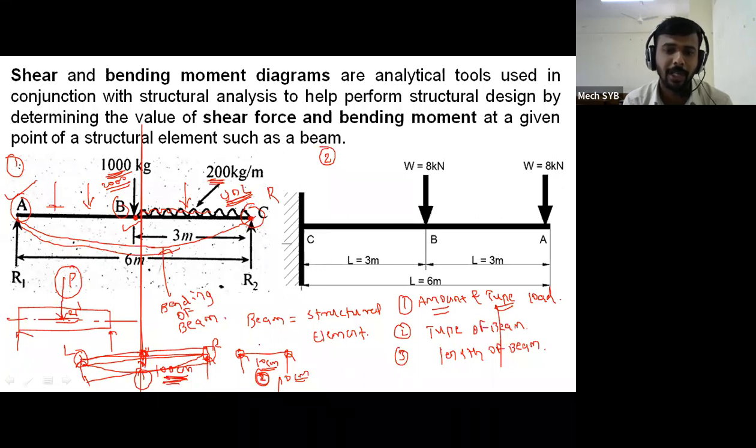Okay, so if I am applying some amount of load on this second beam, some amount of bending is taking place, but it is less as compared to beam number 1. Why? Because two supports are very near to each other, therefore the two supports simultaneously sustain that particular load which is applied on the beam.